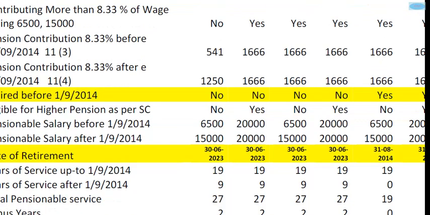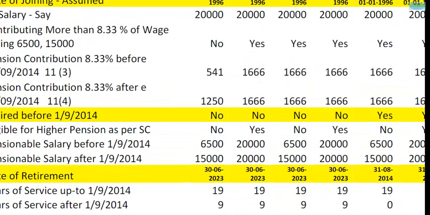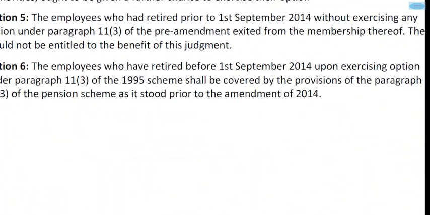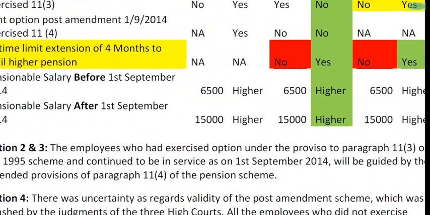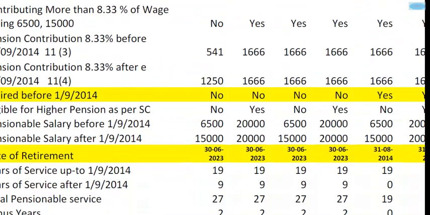Now, retired before 1st September, none of them retired except the last 2 categories which we have discussed. Eligible for higher pension as per SC? No, because we have seen here at the top, right? Here we have seen no eligibility criteria. What does it say? Not applicable, not applicable. No, yes, no, yes. So the same thing will come over here.